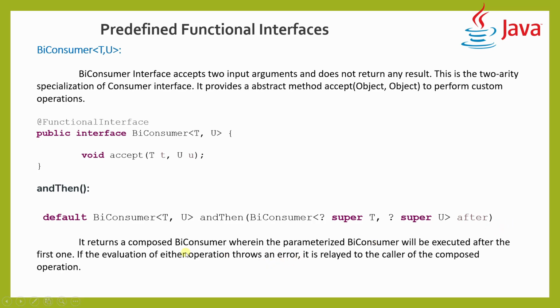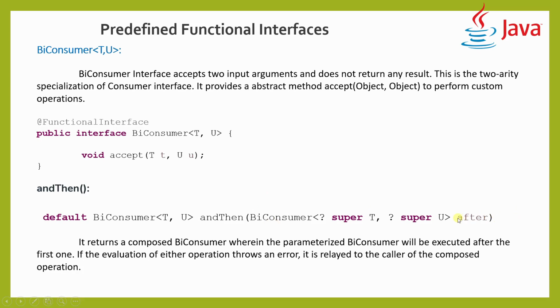It returns a composed consumer wherein the parameterized consumer will be executed after the first one. What I mean to say is, suppose BiConsumer C1 dot andThen C2, then C1 is executed first, and later the parameterized consumer is executed.